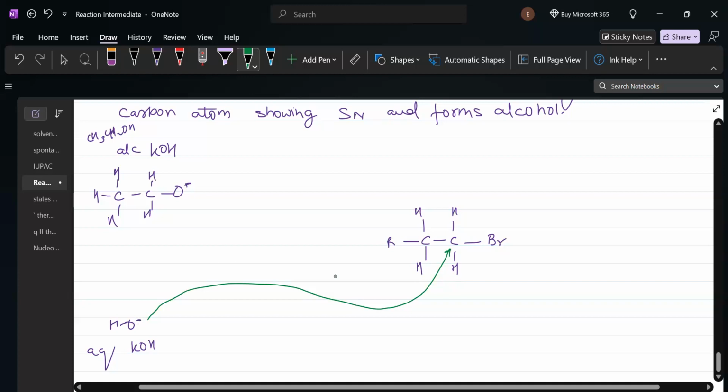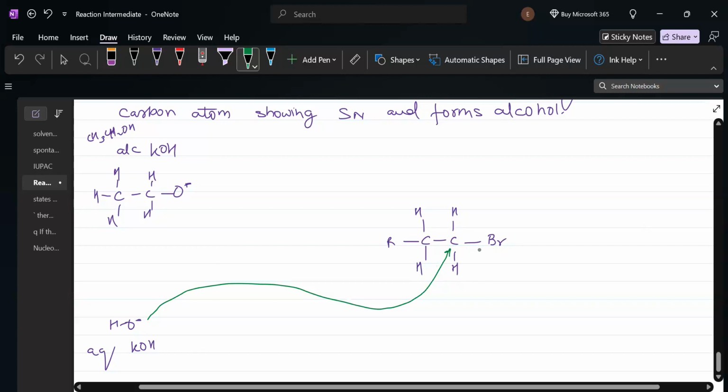This is a nucleophile. It will attack on some positive charge, some electron deficient atom, right? Because this is an electron rich atom and this is an electron deficient atom, it will attack on this carbon. And what will happen when this attacks on this carbon?